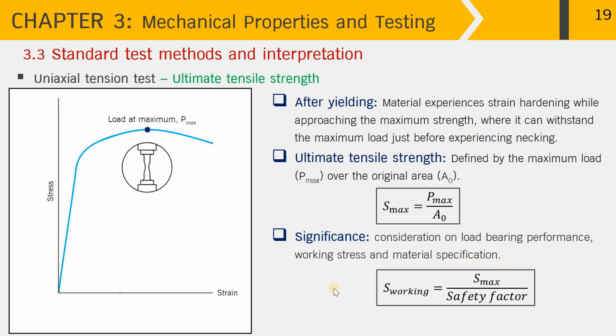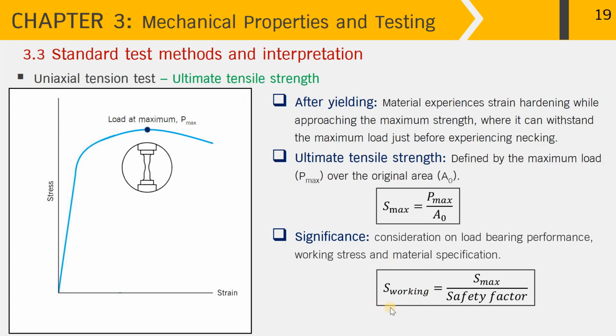If an engineer considers the working stress based on the maximum tensile stress, we normally use a safety factor. It means that if the specimen is tested to have a maximum tensile strength of, for example, 500 megapascals, you wouldn't want to use this material at this level of stress because it's too risky to go to fracture.